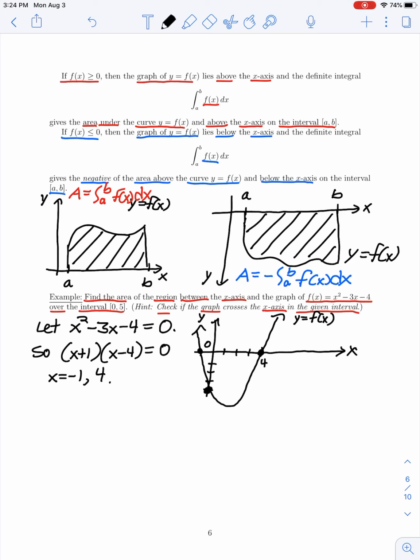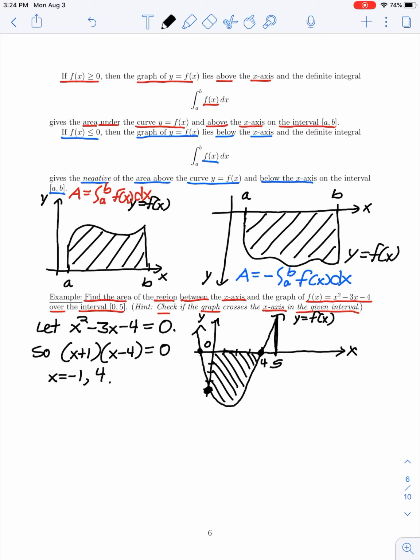So this intercept was at 4, so we're going 1 unit past that to get to 5. So the region of interest is the region bounded by the x-axis itself, our curve, and the vertical lines 0 and 5. So we would have two pieces to this region.